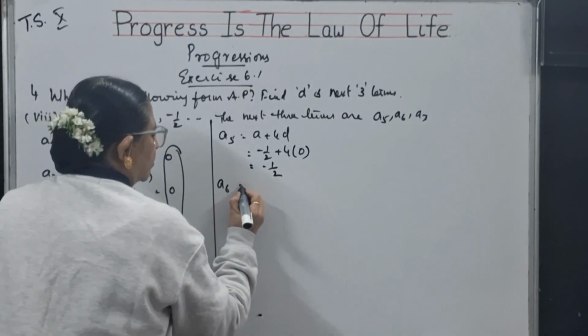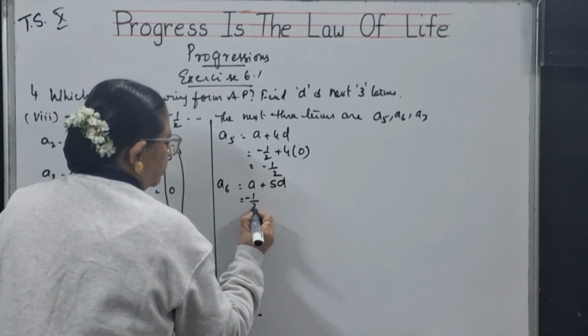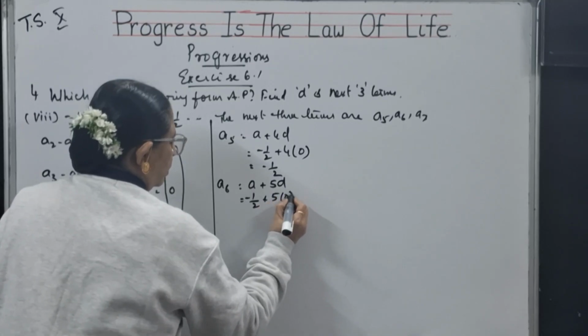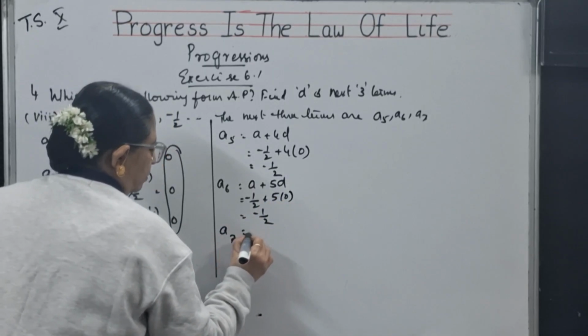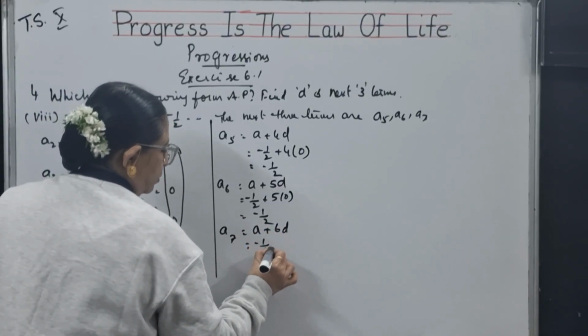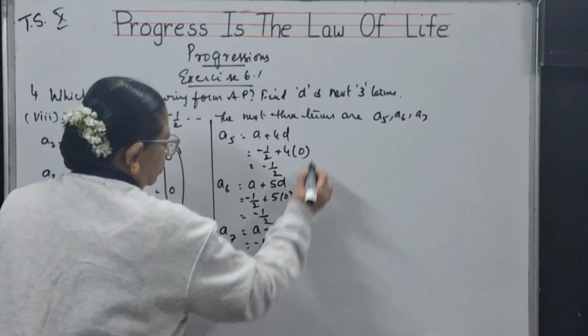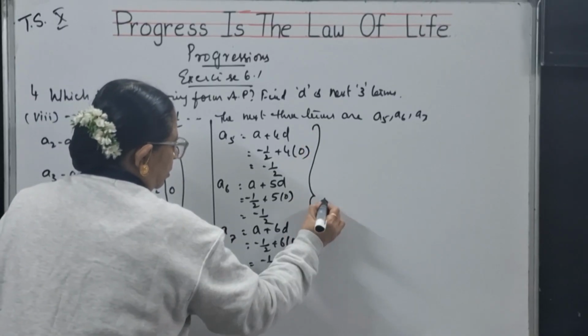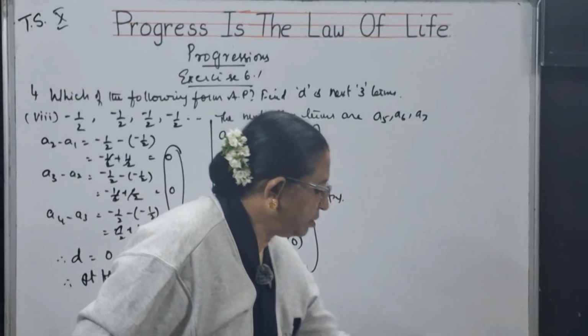A6 also A plus 5D, that is minus 1 by 2 plus 5 into 0, that is minus 1 by 2. A7 is also A plus 6D, that is minus 1 by 2 plus 6 into 0, minus 1 by 2. So all these are minus 1 by 2 only. So this is the answer, children.